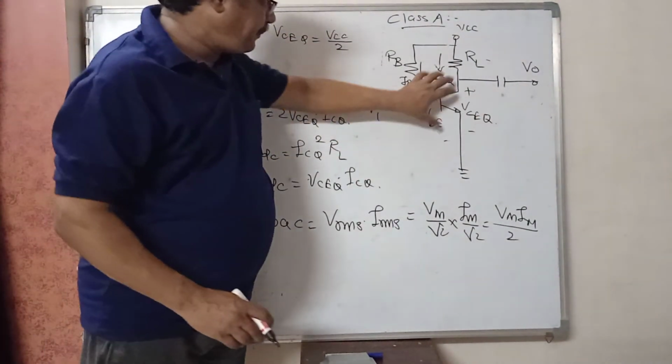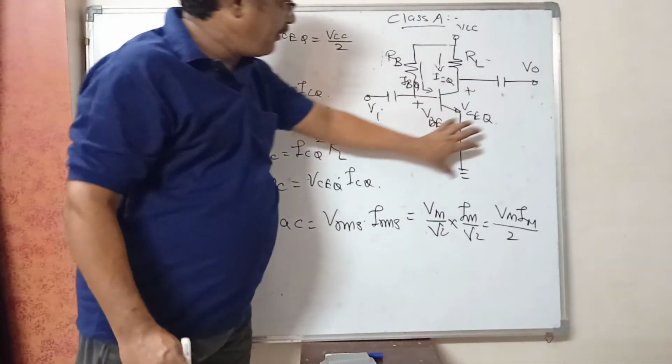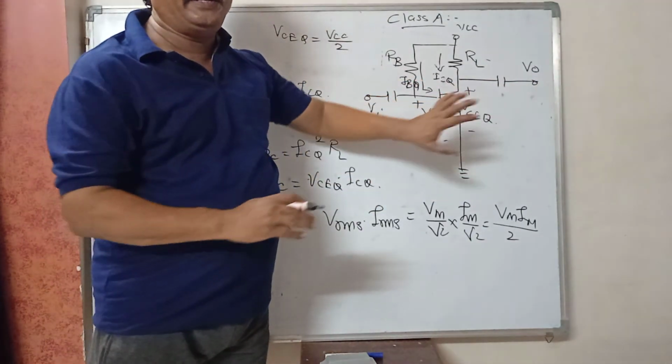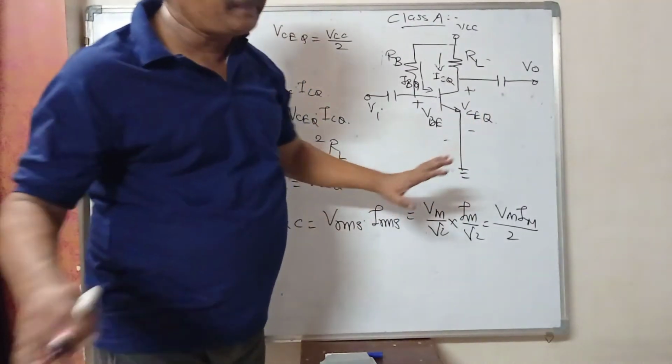Now part of the power, not the whole power, is converted into output AC power. So where is the remaining power? The remaining power heats the transistor only. Useless power.